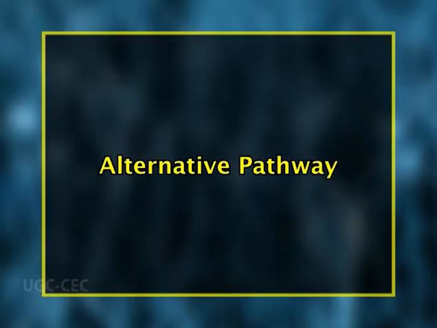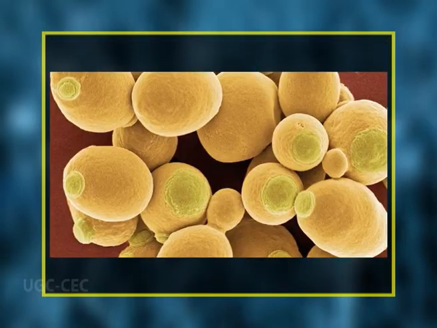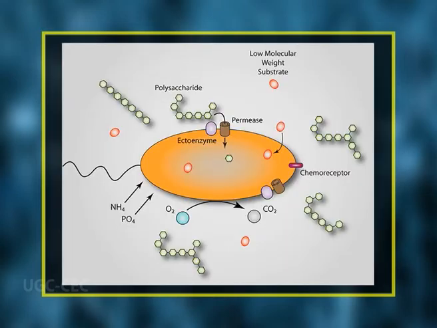Now dear students, coming to the alternate pathway. This pathway is an alternative of the complement activation and could be activated by yeast or even by various bacterial polysaccharides. This complement activation can occur in the absence of antibodies and hence can be considered a component of the innate immunity.